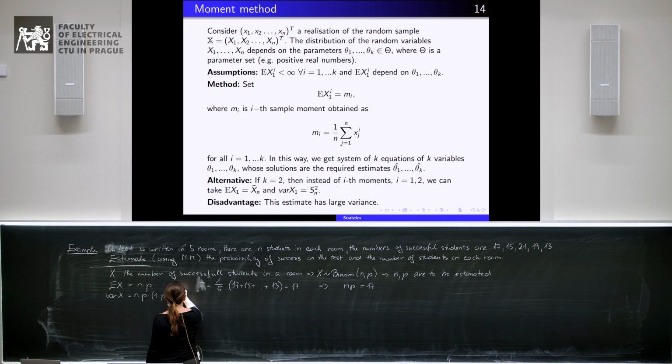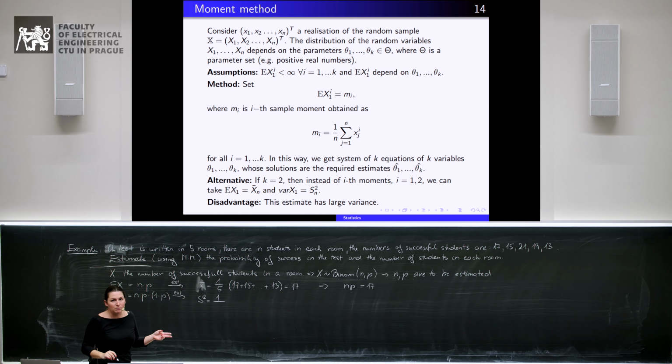The variance can be estimated as the realization of the sample variance, where the sample variance is equal to 1 over n minus 1.